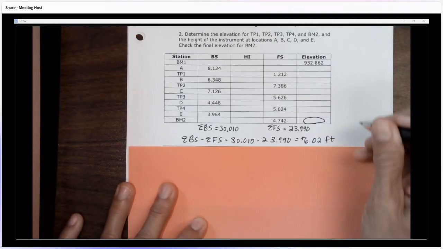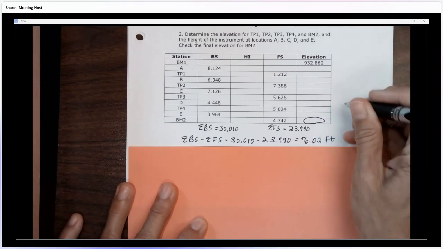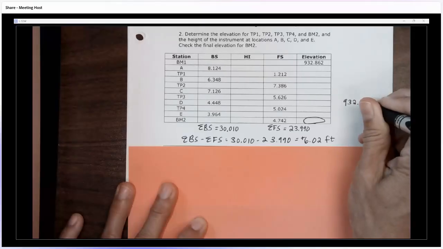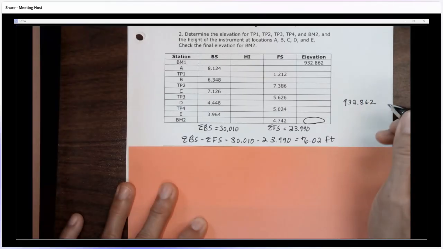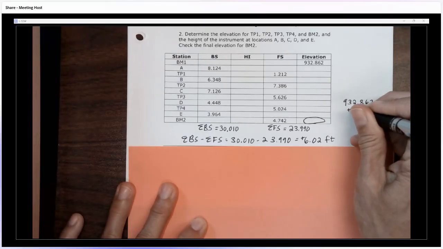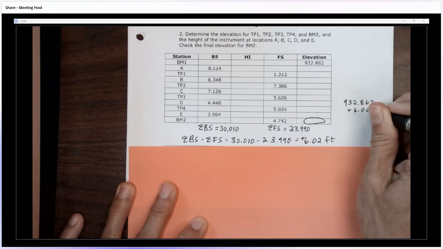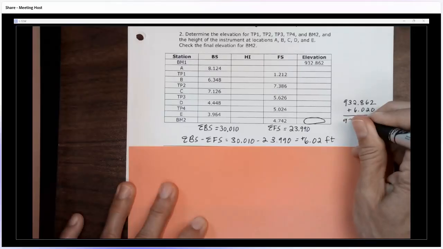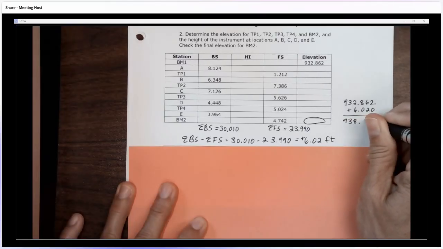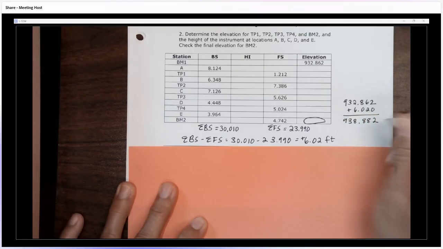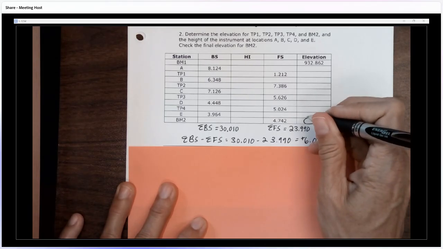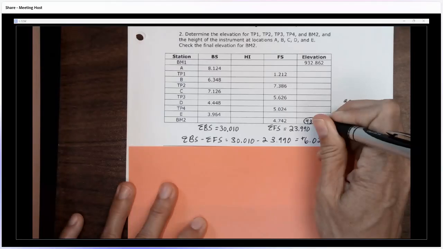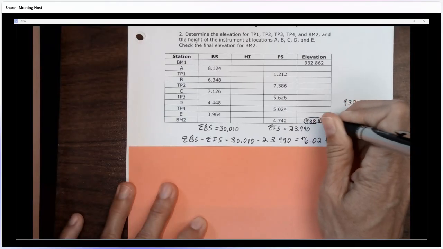In this case, my starting elevation is 932.862, and I'm going to add the 6.02 to that, put a zero there as a placeholder, and I get 938.882.